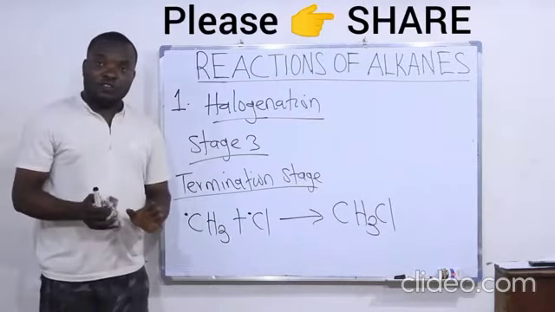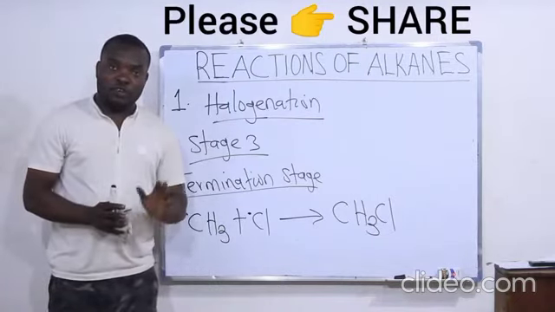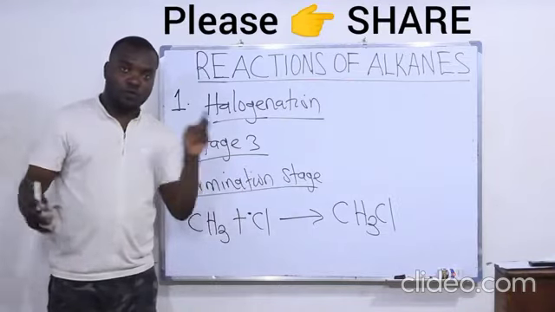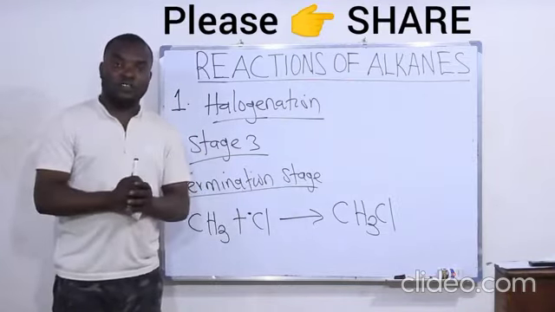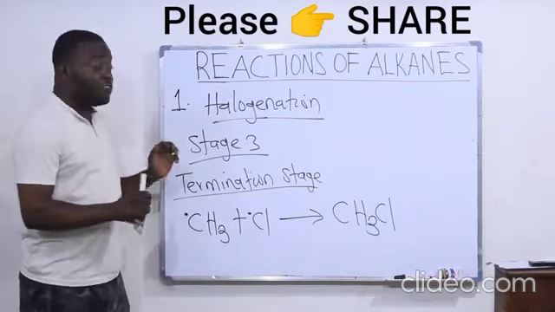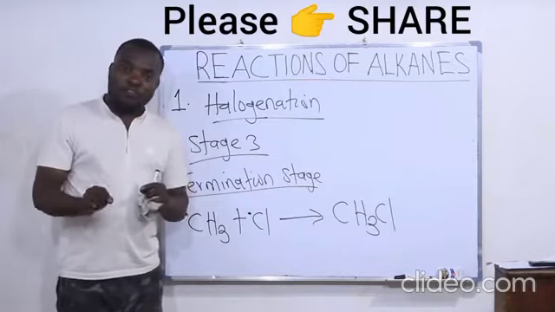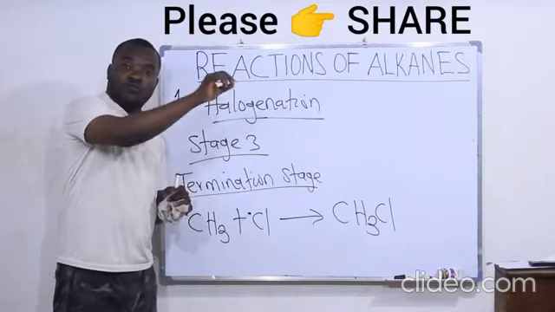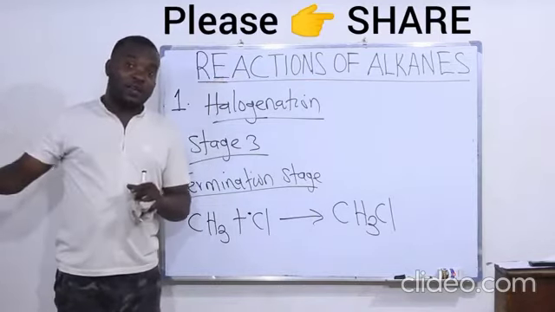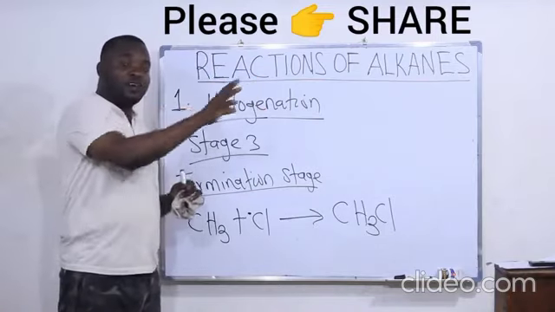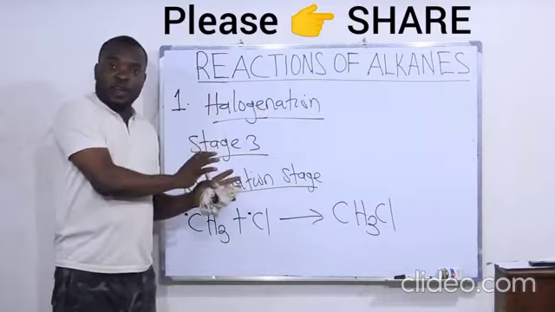Remember, the first stage is called the initiation stage, and at the initiation stage, free radicals are produced using ultraviolet light. The second stage is called the propagation stage, and at the propagation stage, one of the free radicals produced will attack the alkane and pick one of the hydrogen atoms from the alkane, forming HCl and a methyl radical.